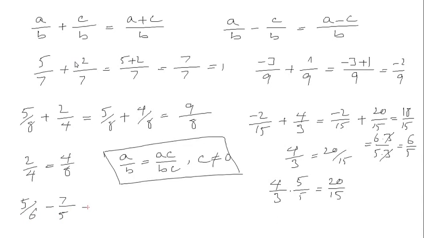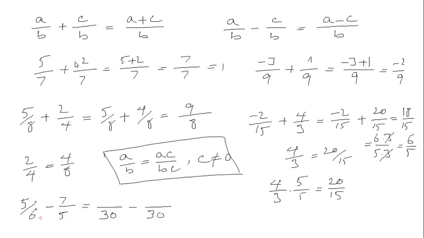So I'm going to draw a fraction line minus another fraction line. Instead of 6, I'm going to write 30 in the first denominator, and instead of 5, I'm going to write 30 in the second.